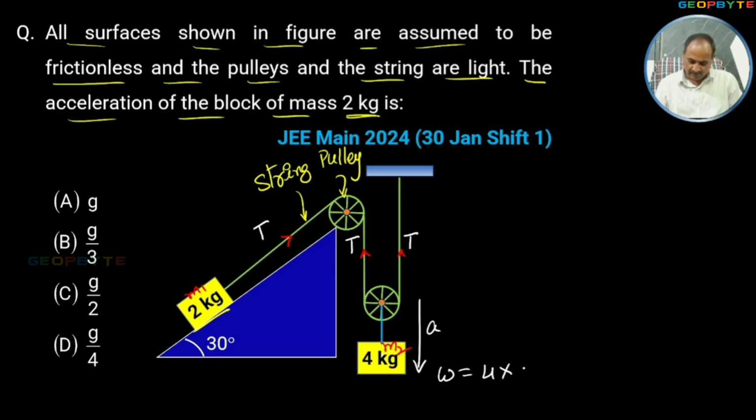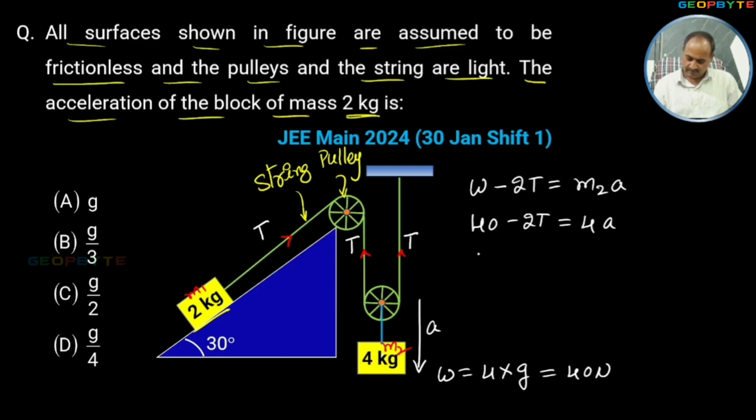Weight equal to 4 multiplied by acceleration due to gravity, mass multiplied by g, 40 newtons. That weight minus 2T must be equal to mass times the acceleration. 40 minus 2T is equal to 4 times the acceleration, or 2T equal to 40 minus 4A, T equal to 20 minus 2A.